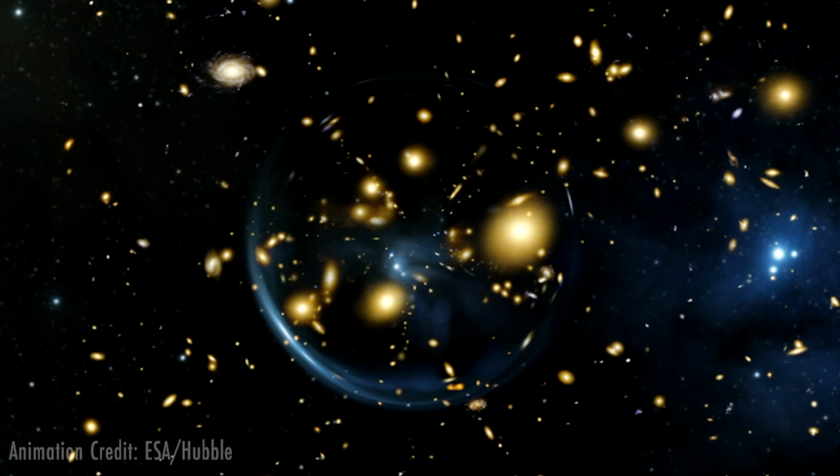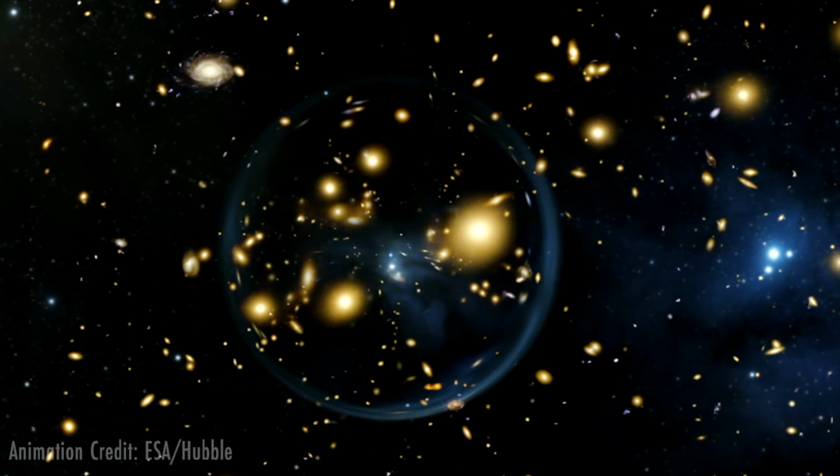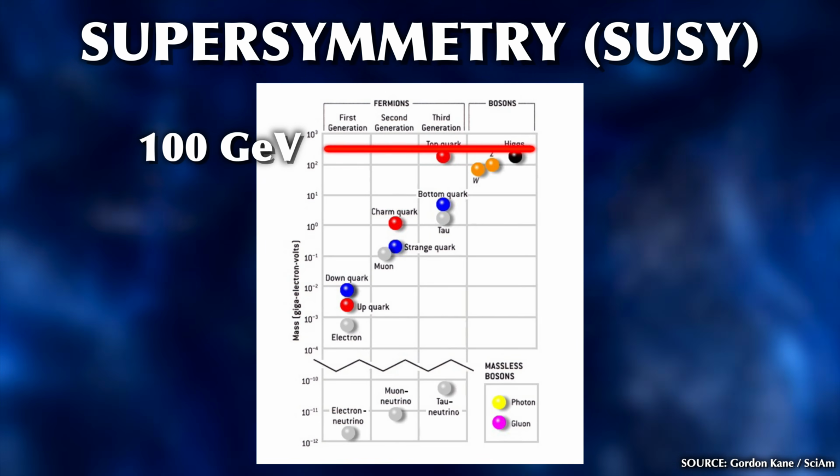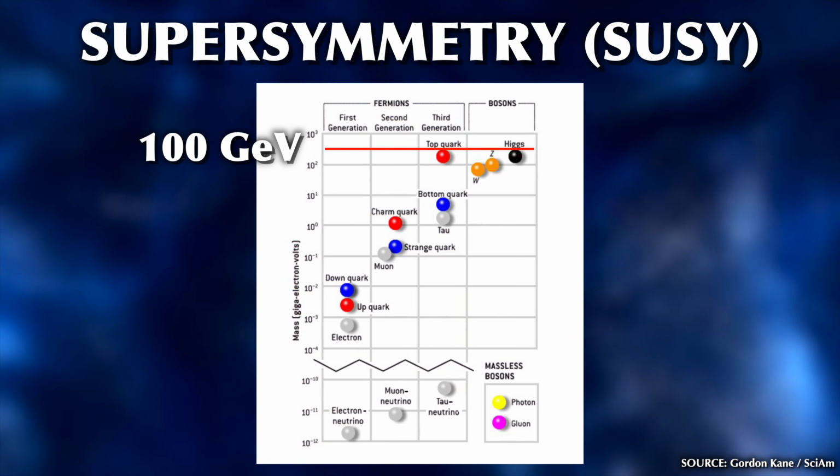However, up until today, after 15 years of operation, not a hint of supersymmetric particles was found at CERN. And that doesn't just kick up the can to higher energies. Because for supersymmetric particles to have all the desired properties of dark matter, they would have to fall within this 100 GeV range. So even if supersymmetric particles existed at higher energies, they would not be an explanation for dark matter anymore.